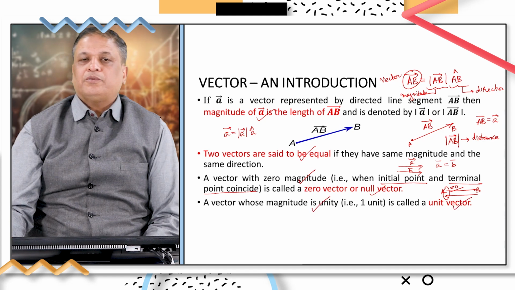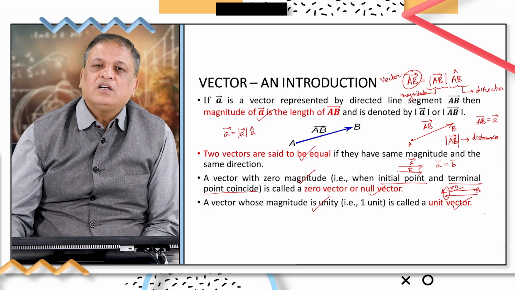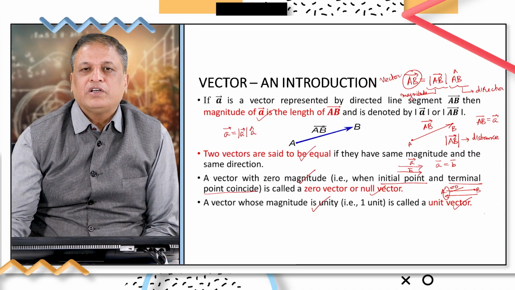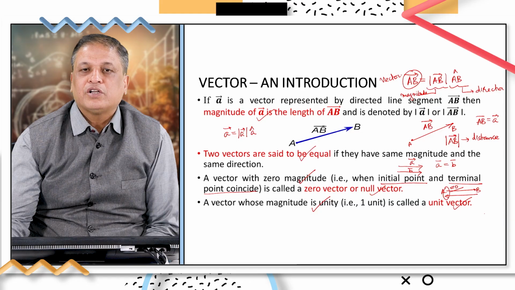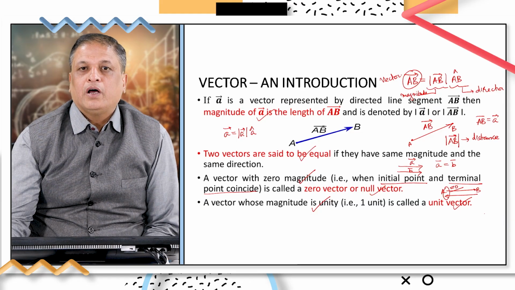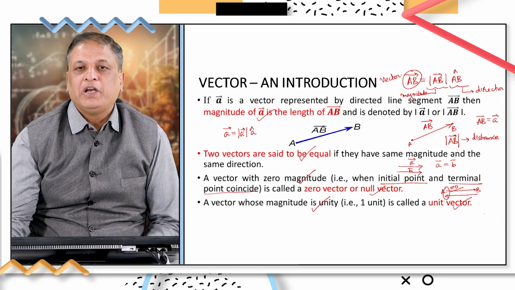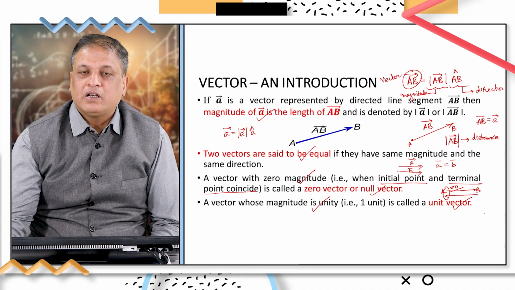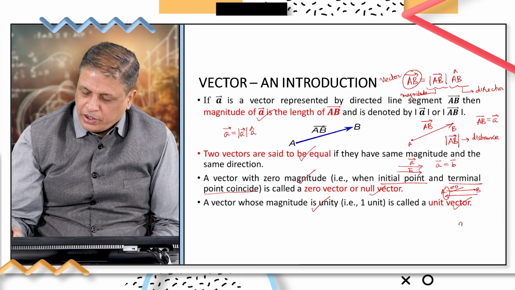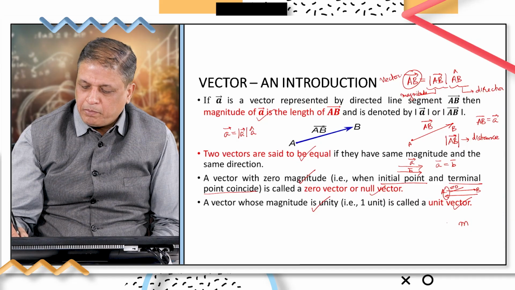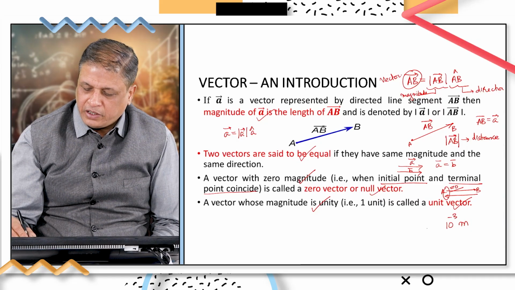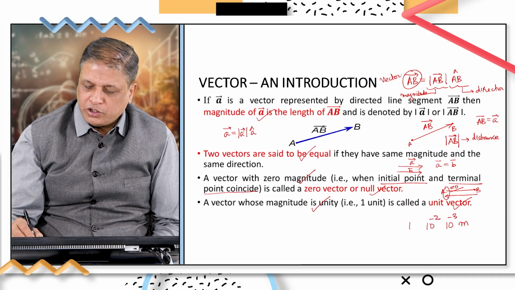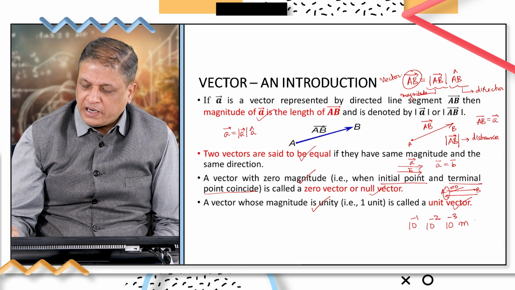So, as an example of a unit, whenever we are measuring, we have some unit. For length we have, say, meter, and that can be multiplied by, say, 10 raised to the power minus 3, minus 2, minus 1, or even 10 raised to power 1, 2 or 3.